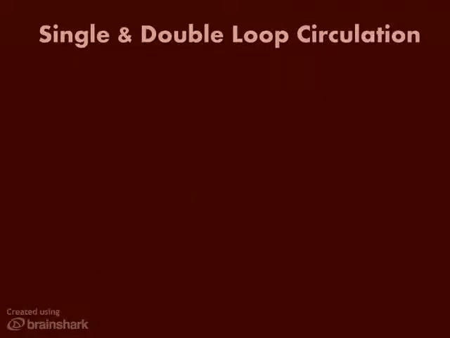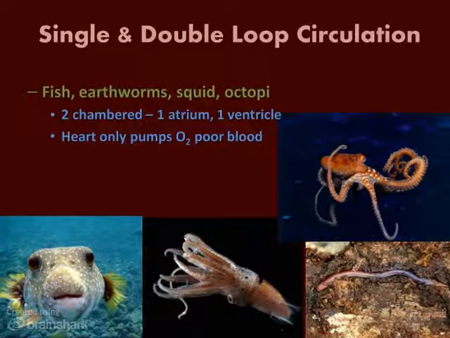So let's take a look at these closed systems all together and kind of make sense of them, okay? Because we've talked about a lot here. Fish, earthworms, squid, and octopi have single-loop circulatory systems. The systems have two chambers, one atrium, one ventricle, and the heart pumps oxygen-poor blood on its way to the gills where it picks up oxygen.